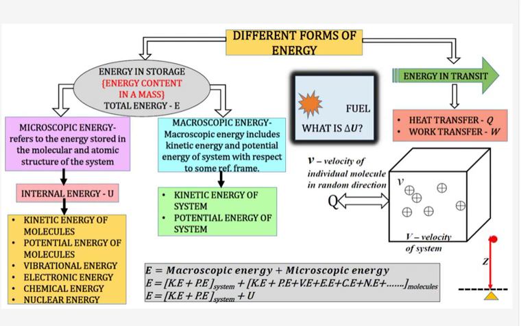Initially it will have a potential energy. It is energy defined with respect to some reference frame, but this energy is not defined with respect to reference frame. This is the energy of individual molecule, but this is the kinetic energy or potential energy defined with respect to reference frame.